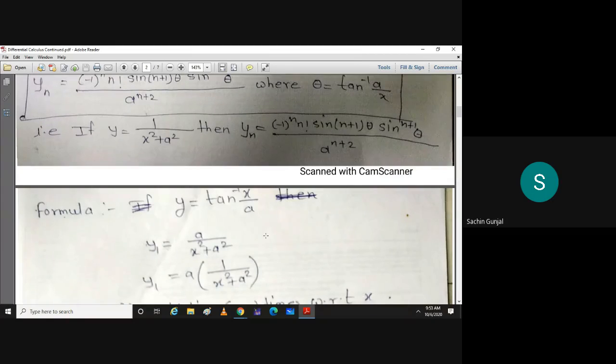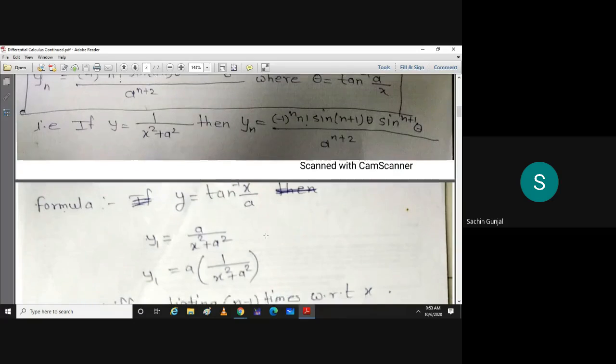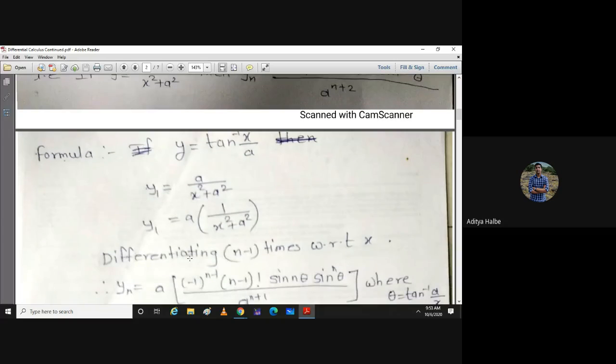Yes, sir. So y1 is equal to, you can take this a out, a times 1 upon x square plus a square. So differentiating y n times is same as differentiating y1 n minus 1 times, isn't it?